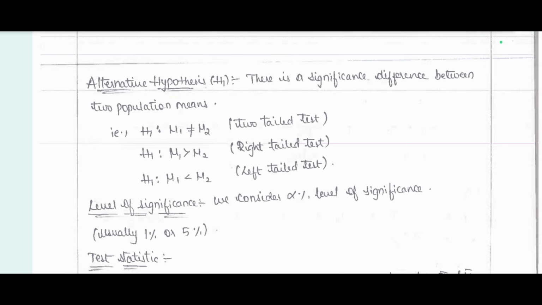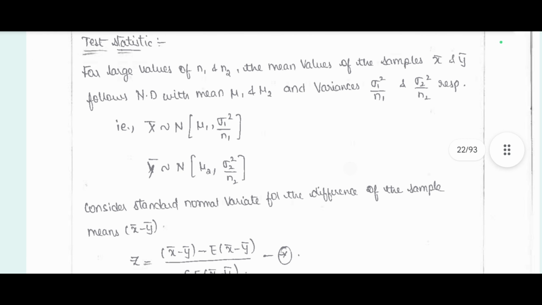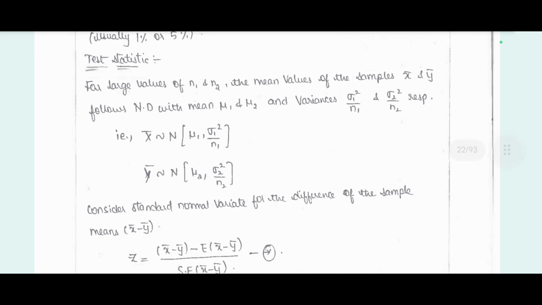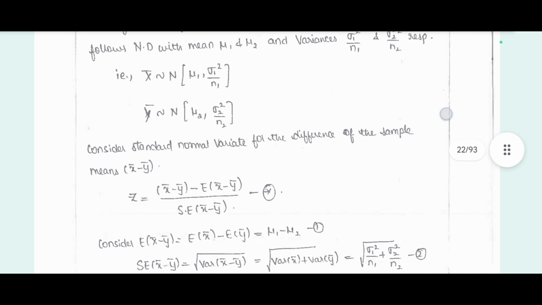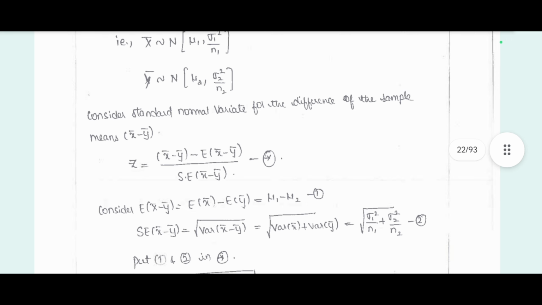The test statistic for large values of n1 and n2: the mean values x bar and y bar follow a normal distribution with mu1, mu2 and variances sigma 1 square divided by n1 and sigma 2 square divided by n2. Here x bar follows mean mu1 and y bar follows mu2. Just substitute that value in the Z calculated.